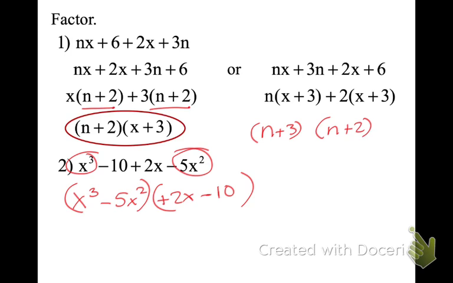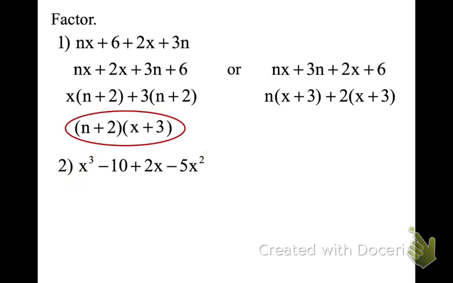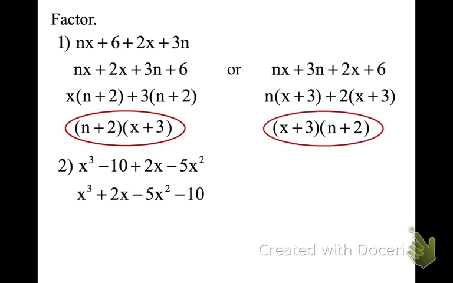It doesn't matter which 2. Just try it in a different order. So then I get an x squared, and I'm left with x minus 5. I'm going to pull out a positive 2, and I'm left with x minus 5. So we get x squared plus 2 and x minus 5. Does that make sense? And you can see there are 2 different ways that they organize these.